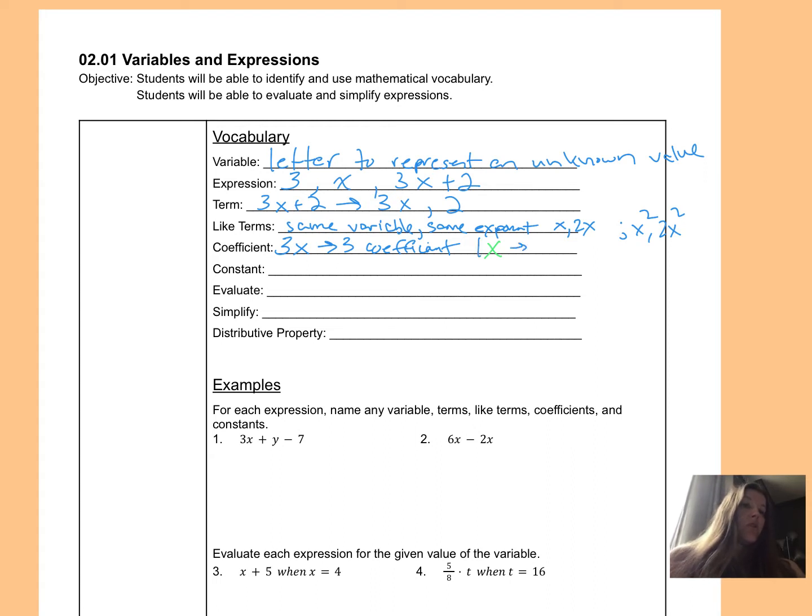So the coefficient would be 1. A constant is a number by itself. So if I have 3x plus 2, 2 is a constant. Something that's not going to change.